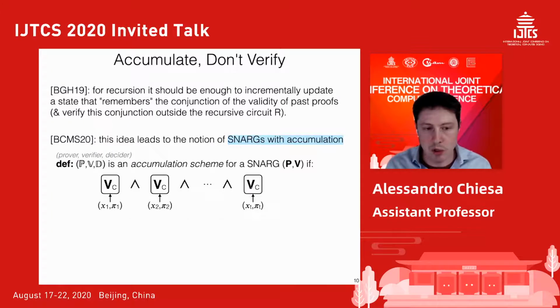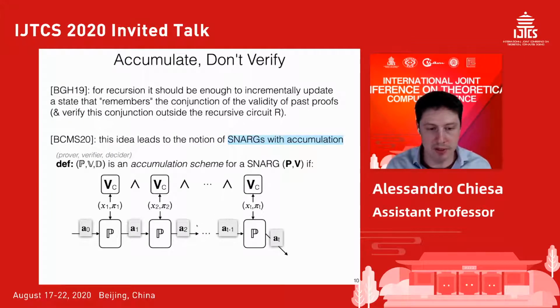So instead, we're going to consider a different process, an accumulation process. You have here the accumulation prover that takes some accumulator, throws in the next instance and proof, and produces a new accumulator, and so on and so forth, okay? And what is the guarantee?